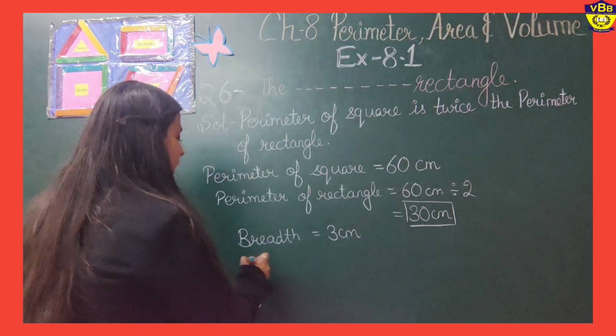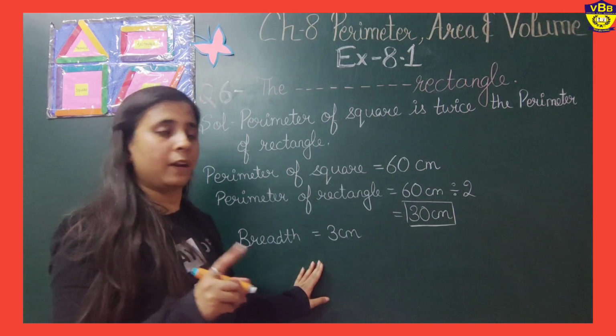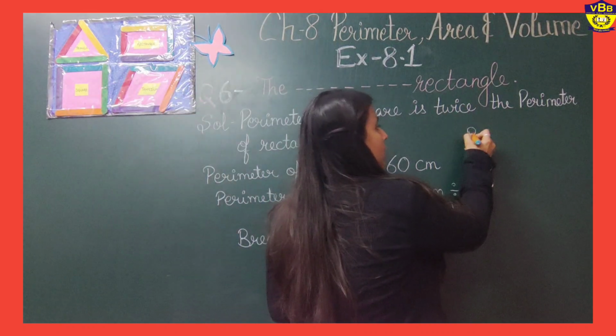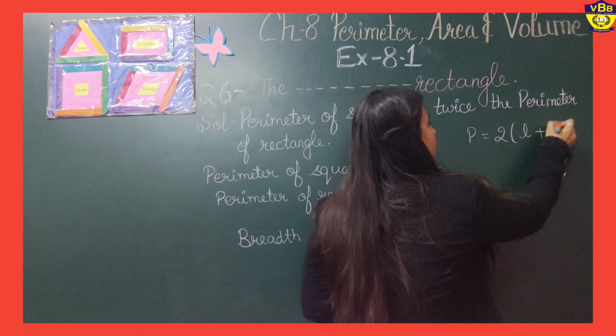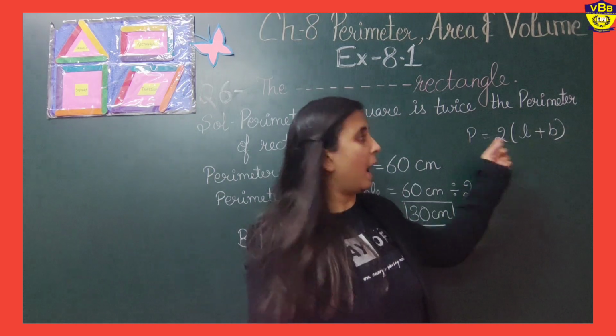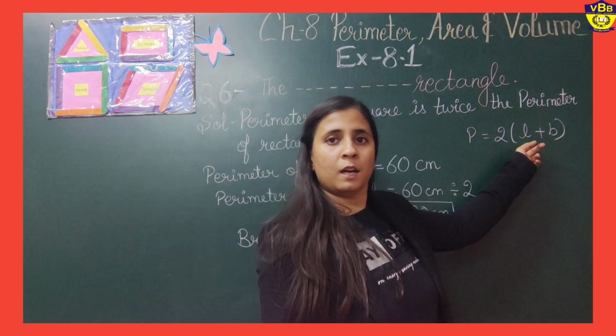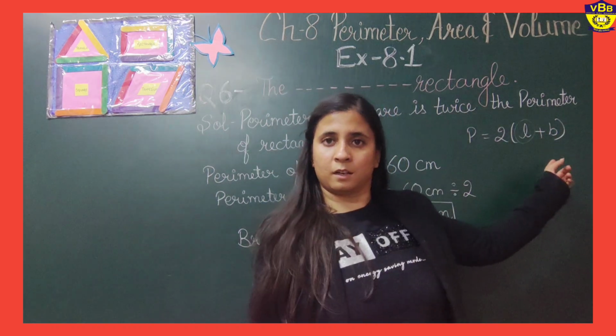Okay, to find the length, we know the formula to find perimeter of rectangle, that is equal to 2 multiplied by length plus breadth. Okay, and through this formula, I will find the value for length.